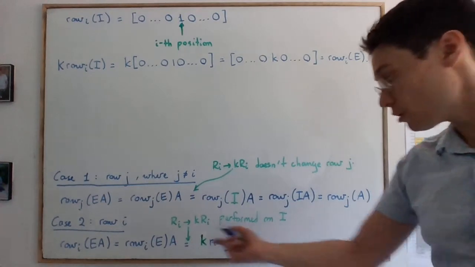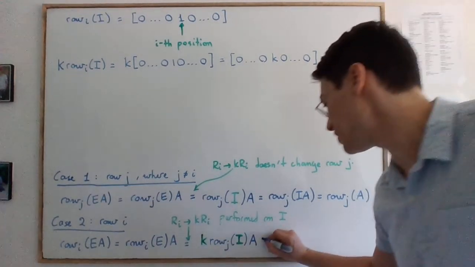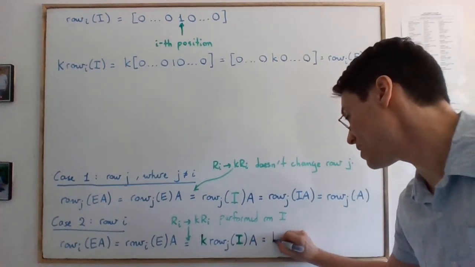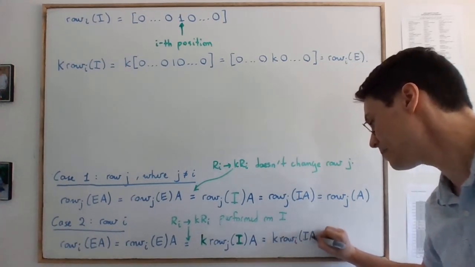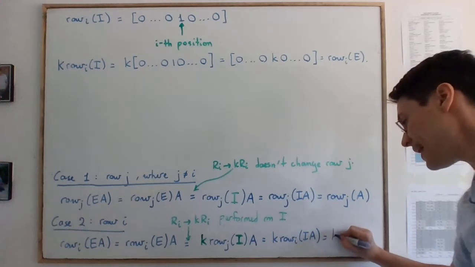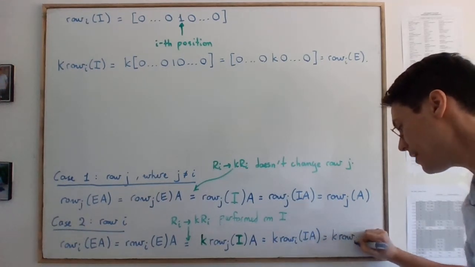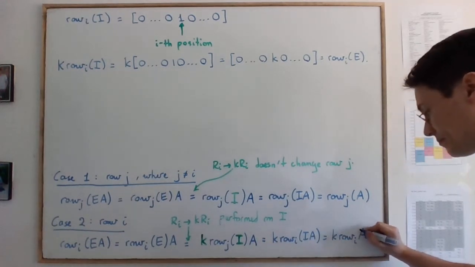And then as usual, you work your way up to the original thing. It's k times the row i of IA, which is equal to k times the row i of A.